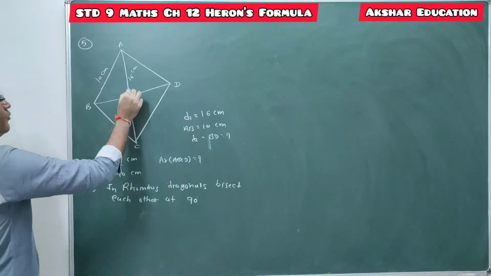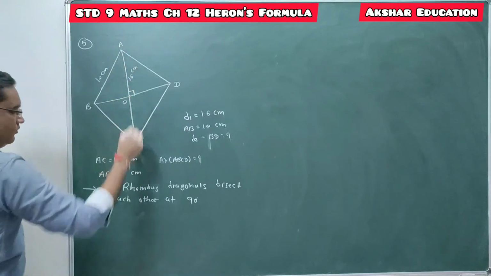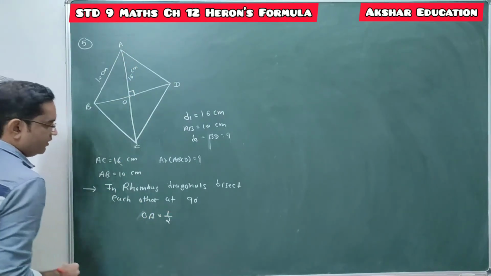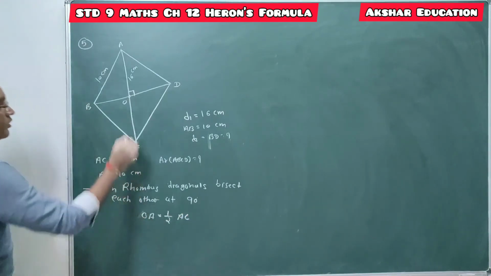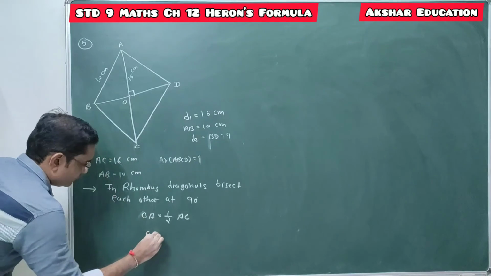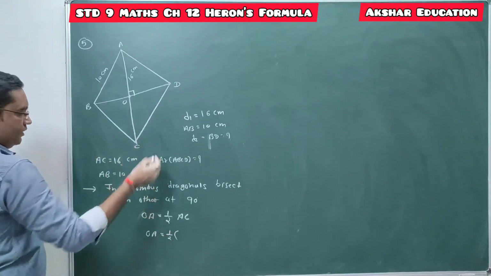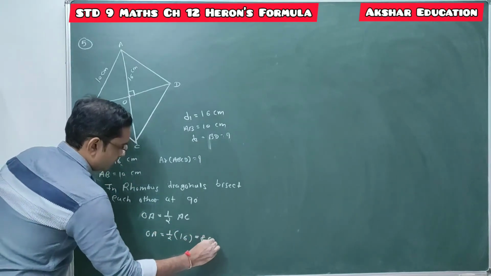So O is the midpoint of AC. If O is the midpoint of AC, what is the length of OA? OA is nothing but half of AC. So our OA will be 1 by 2 into AC. AC is given 16, and that is equal to 8 centimeter.